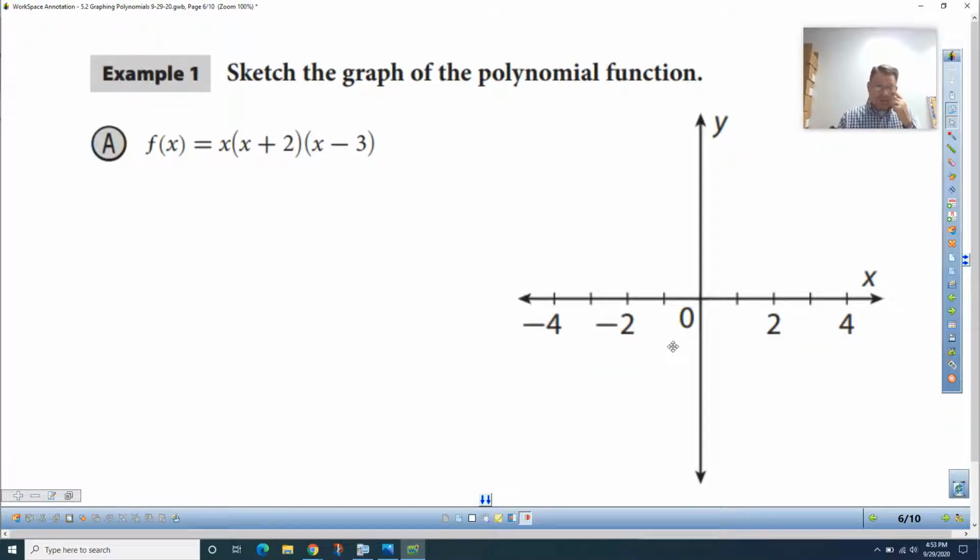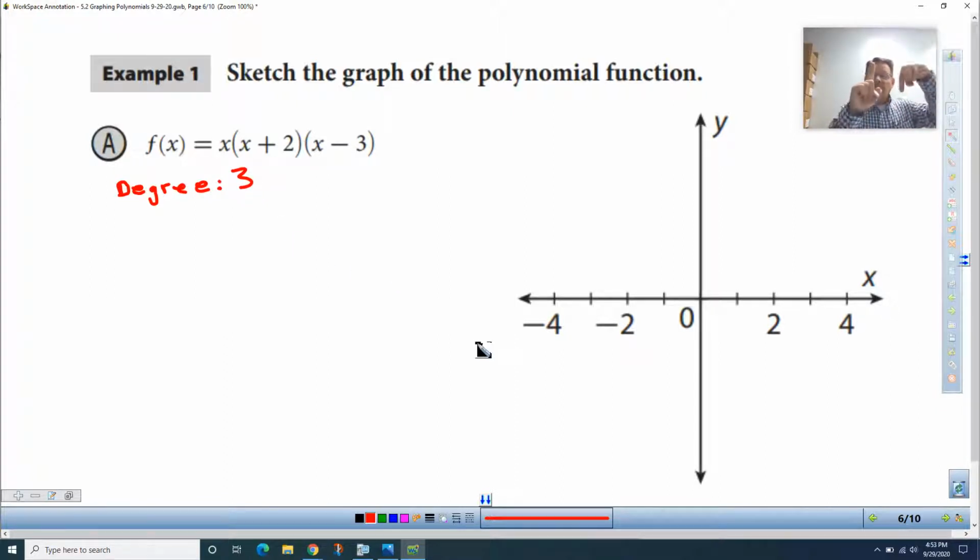Okay. So the first thing we're going to figure out here is what is the degree? Well, we did one earlier like this, and we said x times x times x will eventually be x to the third. So the degree is a 3. Now that's important because it's odd, which means what? You're going to have one up and one down, right?